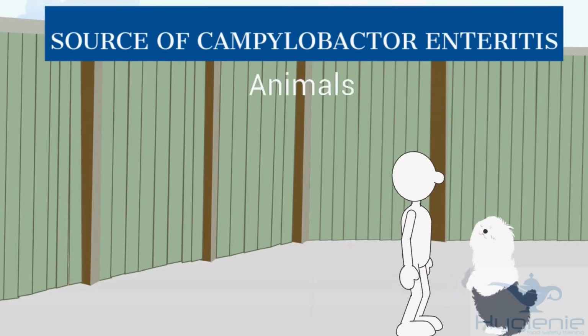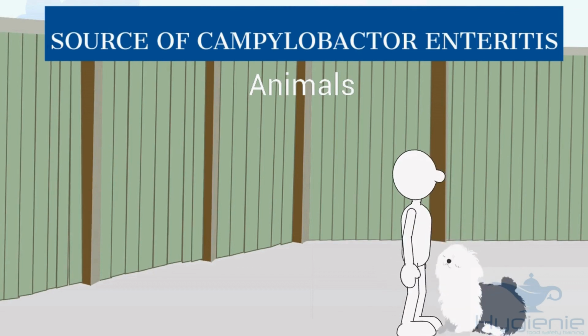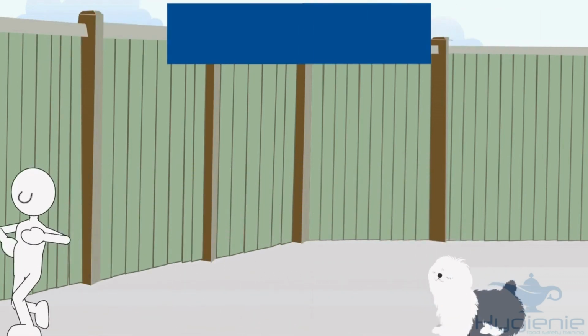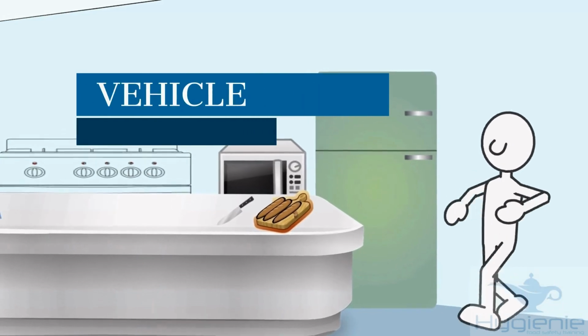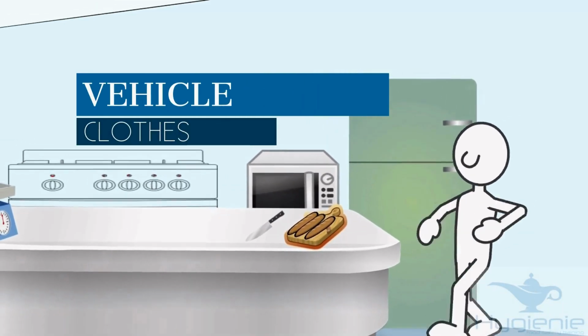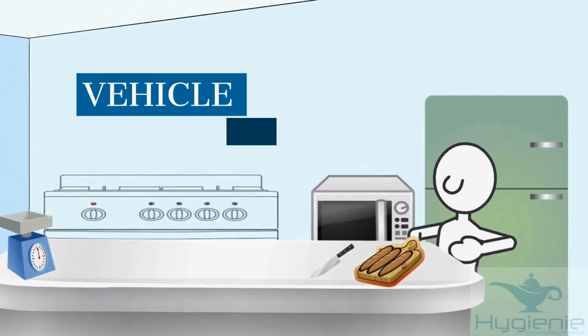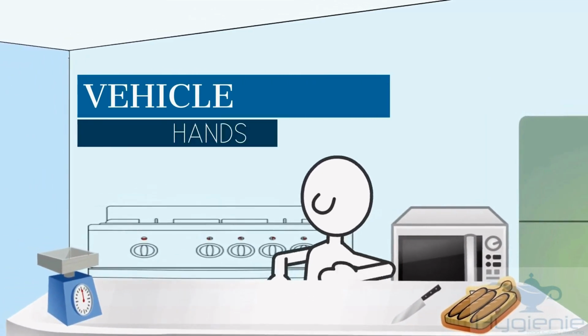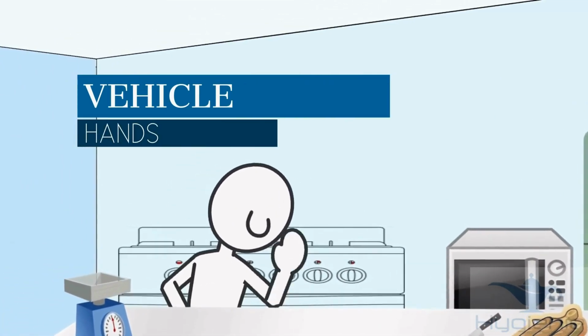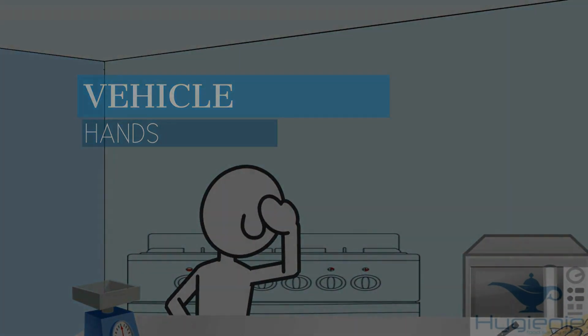One source of bacteria is animals. During his break, our chef Simon played with a dog and went back into the kitchen without washing his hands. Bacteria was transferred via his hands and clothes. Oh dear.